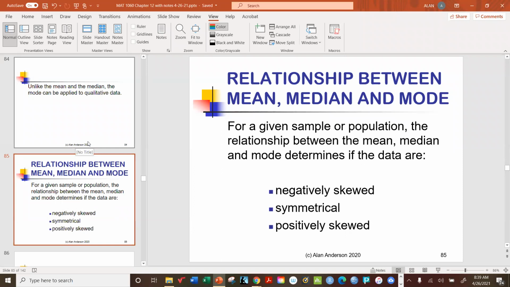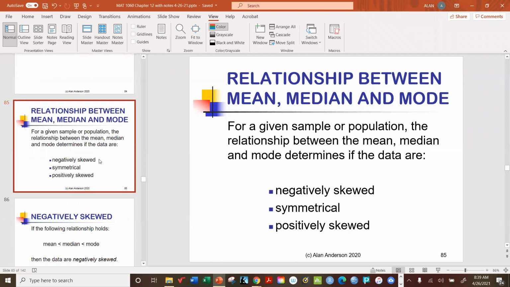All right, now before we do this though, I want to take a little detour for a second. Let me give you a second to catch up. I want to show you a graph that we will use in this section that's awfully helpful in describing what data look like.